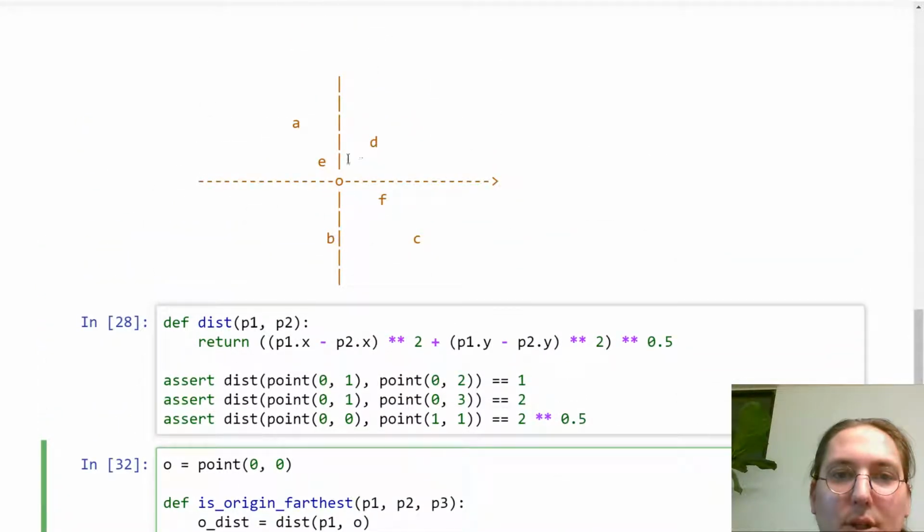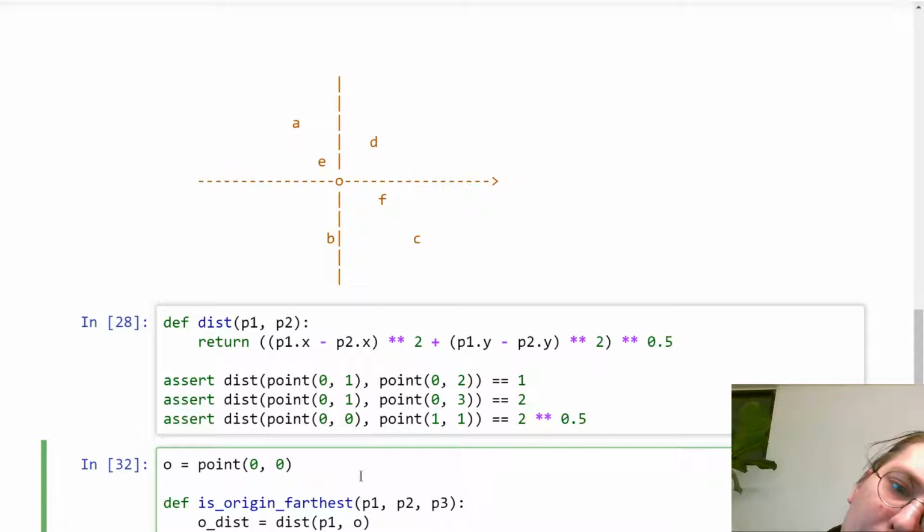So if we're positioned at D, both this and this have to be further away. Yeah, both of them. The false statement should include that both of them should be further, otherwise it's not further.